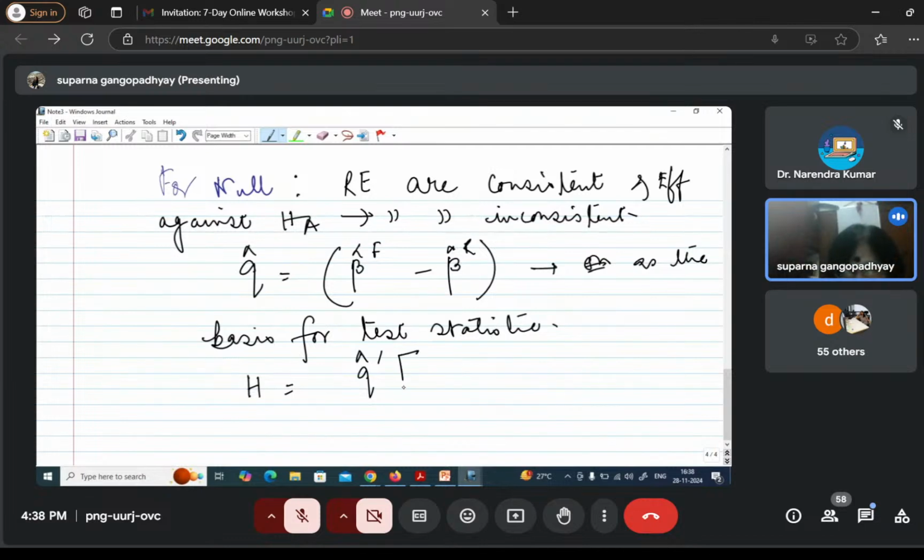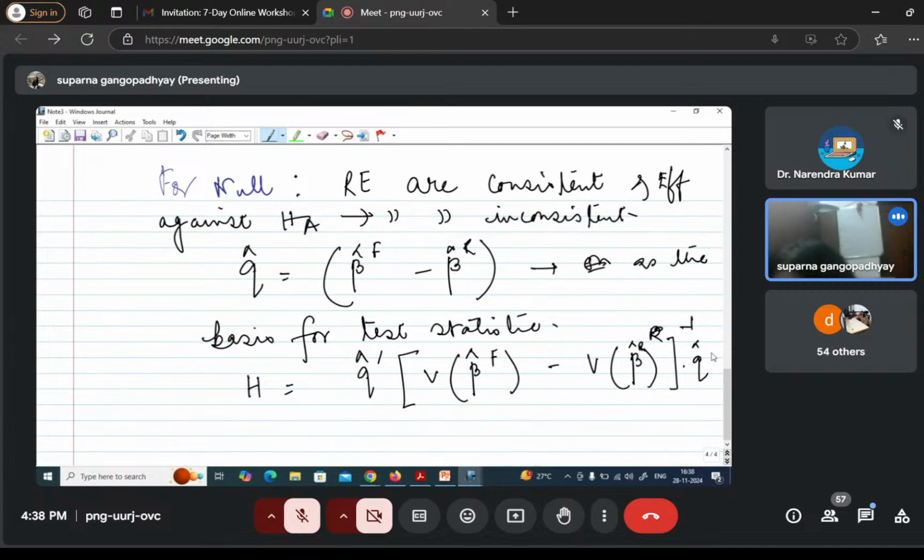Q prime is Q hat times the inverse of the variance of beta hat F minus the variance of beta hat R, compared on variance only because efficiency relates to the variance.